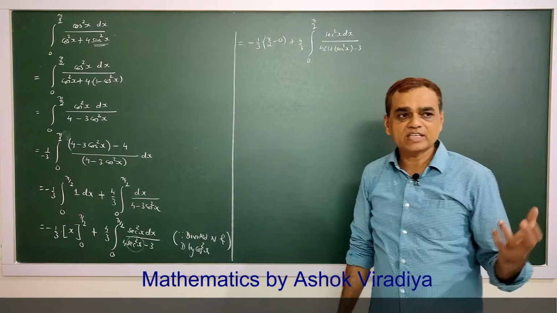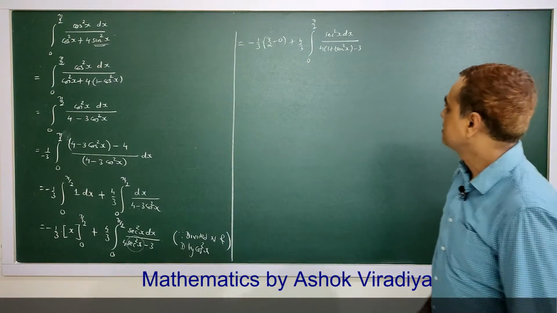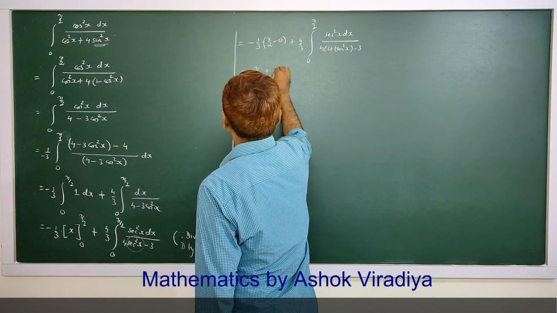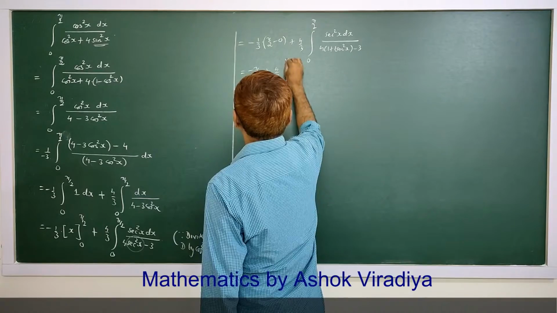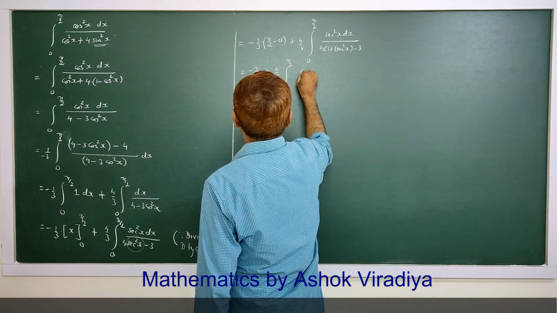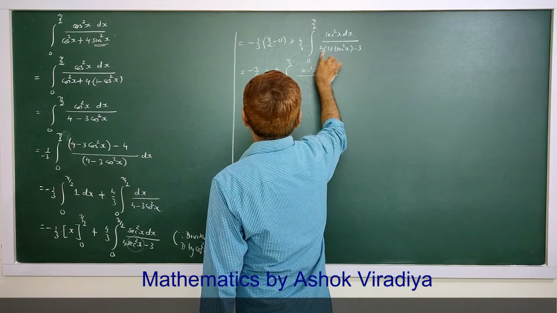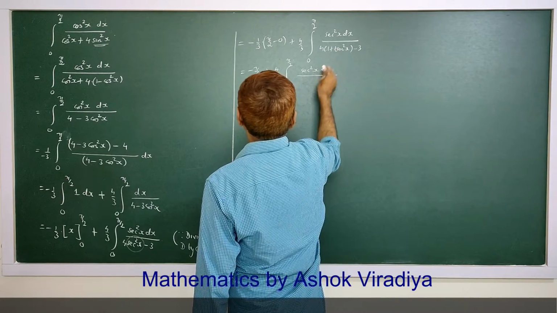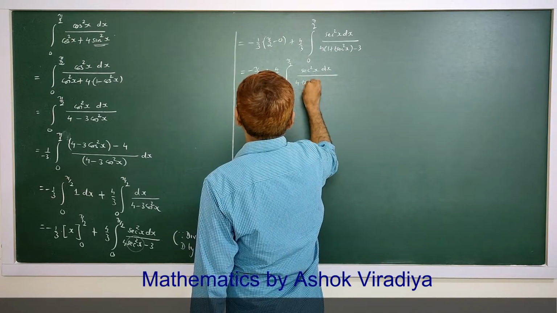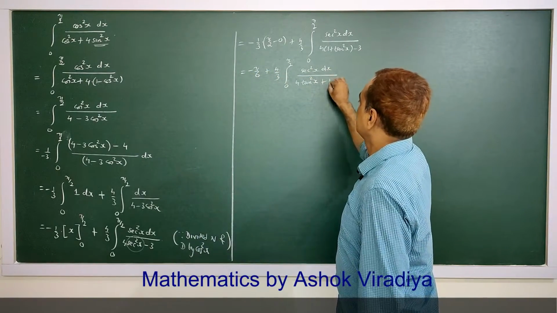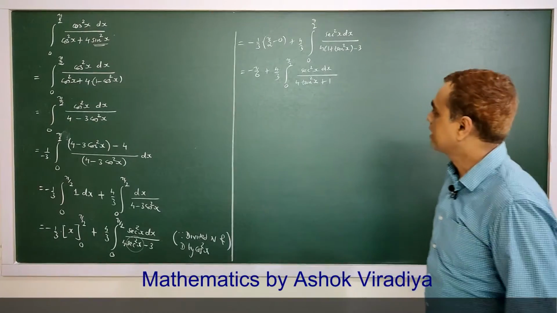Convert sec square into 1 plus tan square. So this is minus pi by 6 plus 4 by 3, 0 to pi by 2 sec square x dx upon 4 tan square x plus 1.